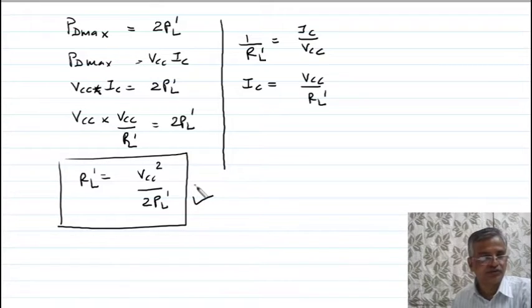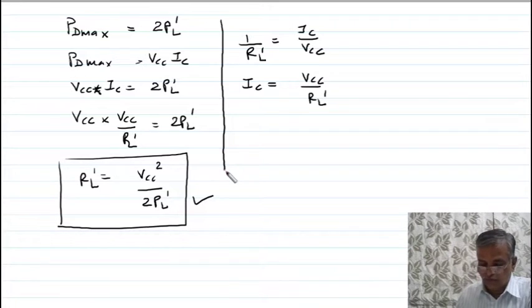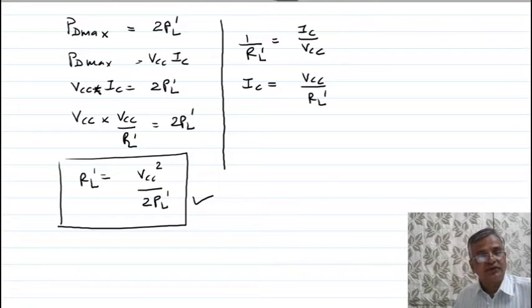Now, sir, how to design the transformer coupled power amplifier? I am just telling you for your understanding. Then you will take one numerical. Now let us see one numerical that teaches you how to design a transformer coupled class A power amplifier.